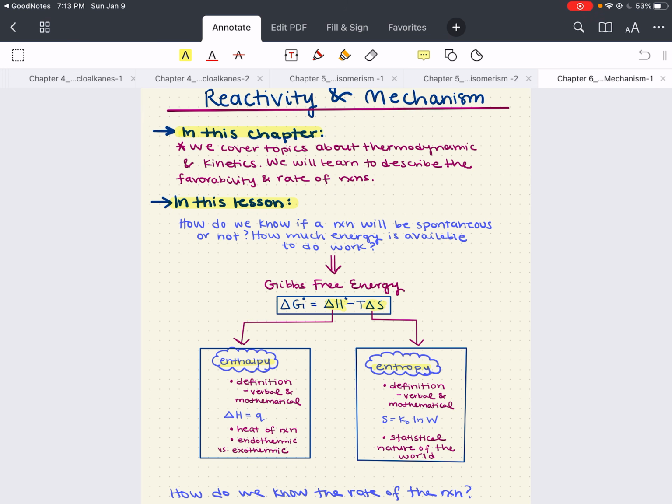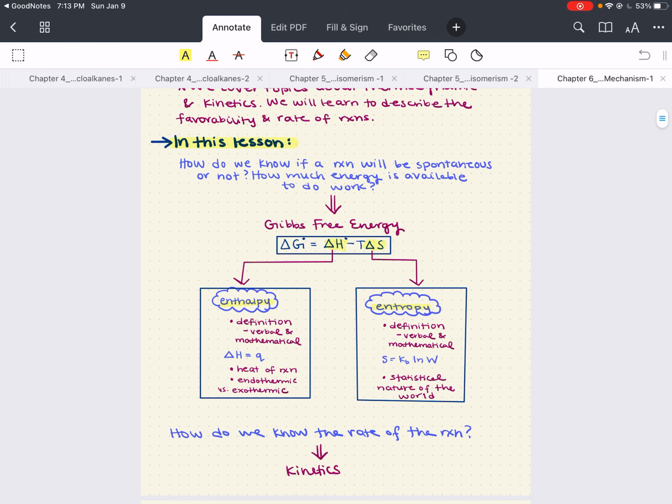Gibbs free energy is the most important equation for understanding a reaction's favorability/spontaneity. When we use the term spontaneous, though, we are talking about whether a reaction occurs or not, and not about the speed. When we talk about the speed, we're going to be talking about kinetics, and that's something we're going to discuss in the next section, actually.